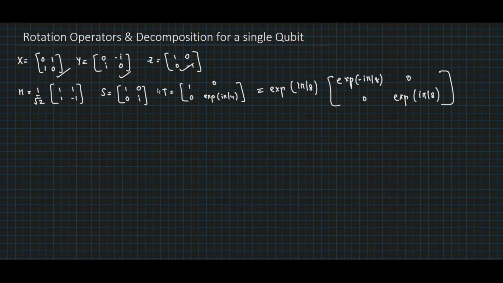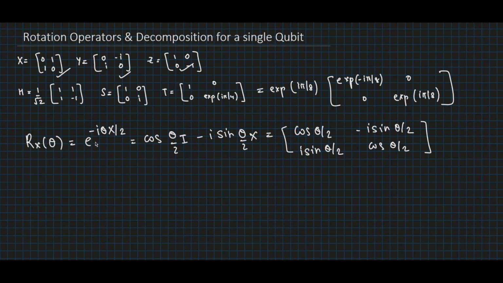They are called the rotation operators about the x, y and z axis, defined by the equation Rx(theta) equal to e raised to minus i theta X by 2, which is equal to cos theta by 2 into I minus i sin theta by 2 into X, which can be written as the matrix cos theta by 2, minus i sin theta by 2, minus i sin theta by 2, cos theta by 2.